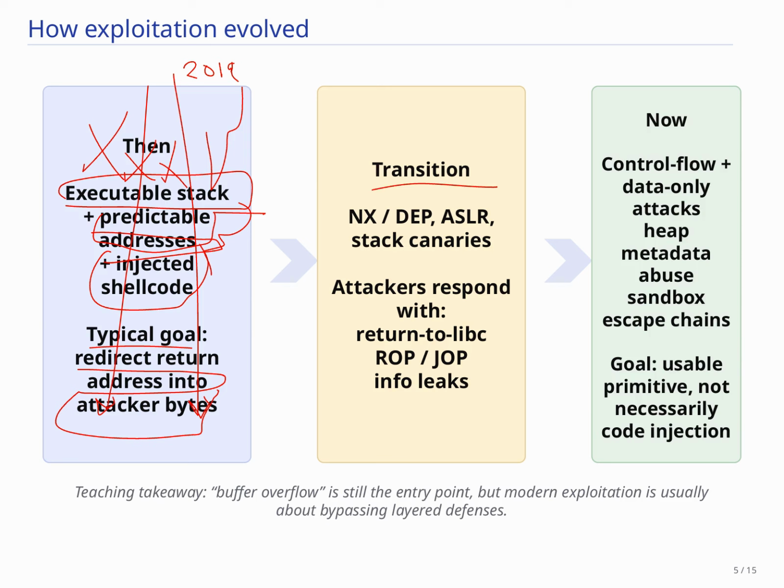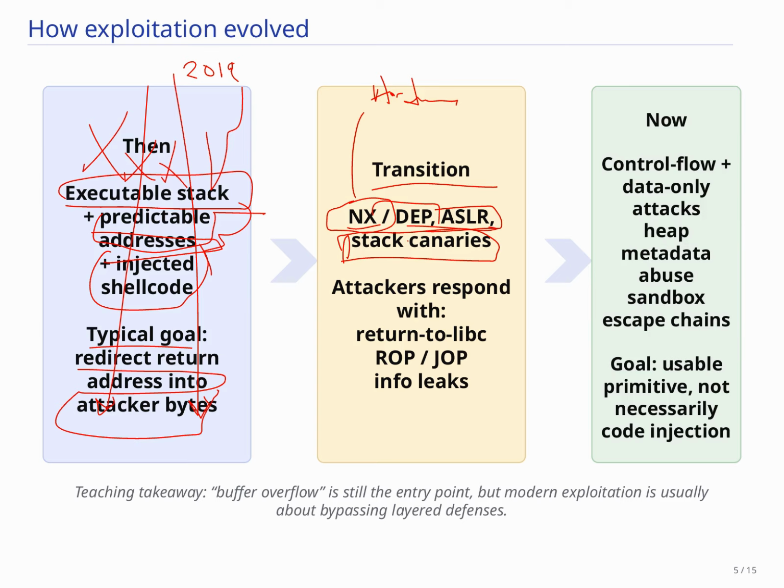So the transition started with NX, DEP, and ASLR, and the stack canaries. These are the techniques that the hardware vendors used first of all, in order to randomize the memory locations, creating privileged instructions to access those locations, and creating, again, something called stack canaries, so that the stack can only be executed by privileged methods.